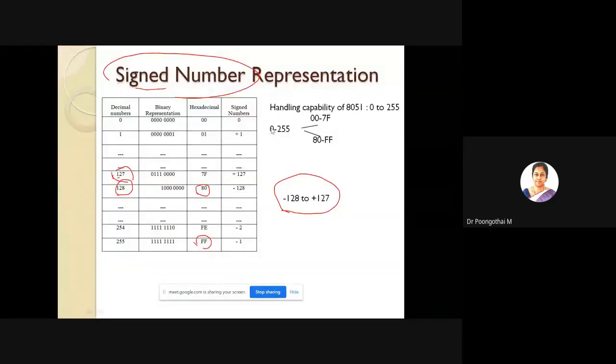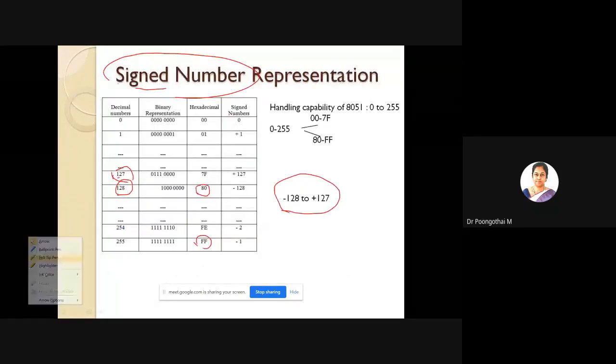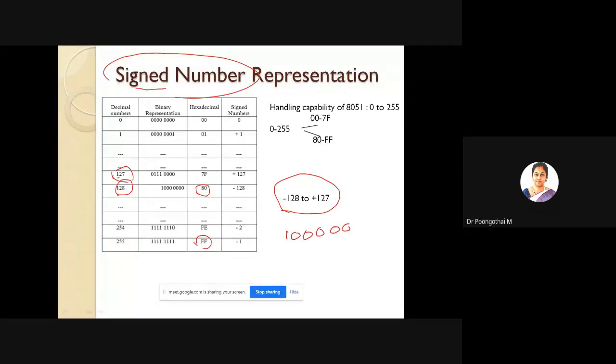So the negative representation is held by your D7 bit. For example, 80 means 1, 0, 0, 0, 0, 0, 0, 0 in terms of binary. So D7 represents your sign. If D7 is 1, this number is a negative number.